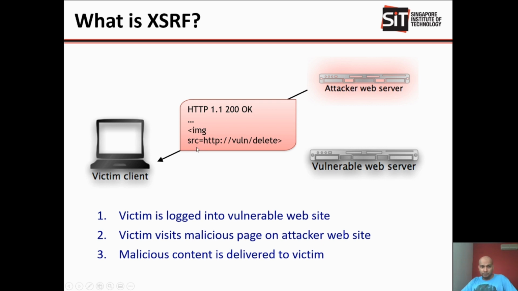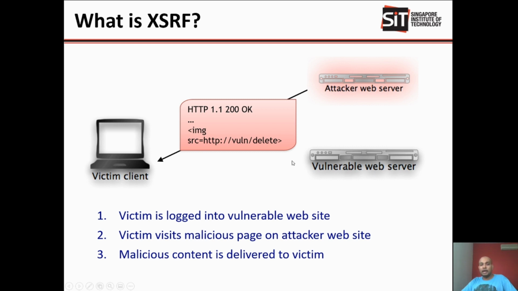The content is delivered to the victim's browser, which says send $1,000 to account number 11111. But when it is executed in the victim's browser, the victim is already logged into this bank website, and all the authentication is given in the same browser.